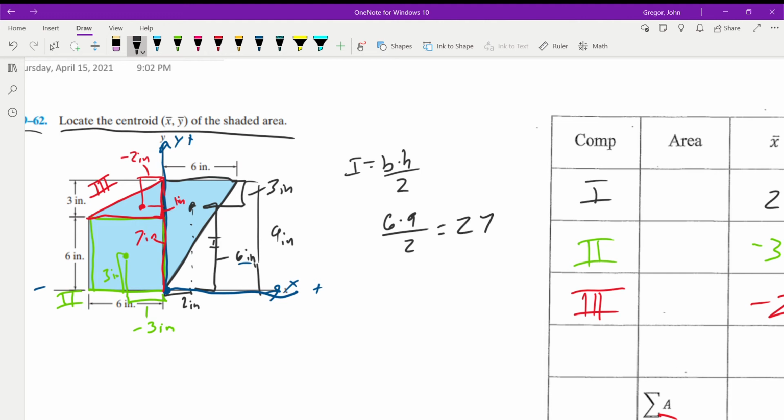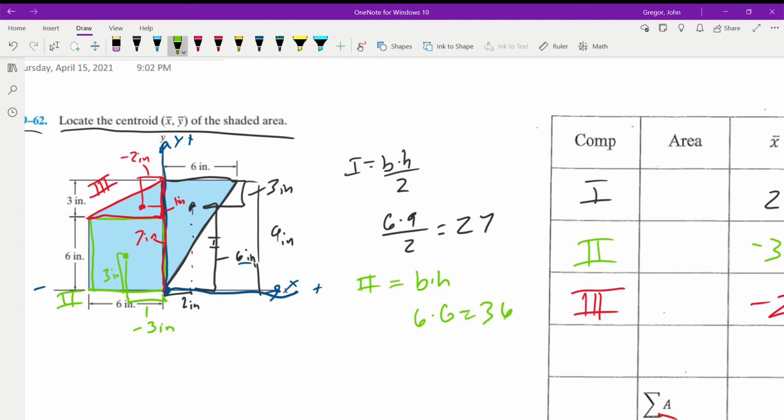I'll do the same thing for number 2, which is a square. Technically it's base times height, but in this case it's just 3 times 3, which gives me 9. Oh, my bad. 6 times 6. I don't know why I put 3 times 3. It's 6 times 6, which equals 36.